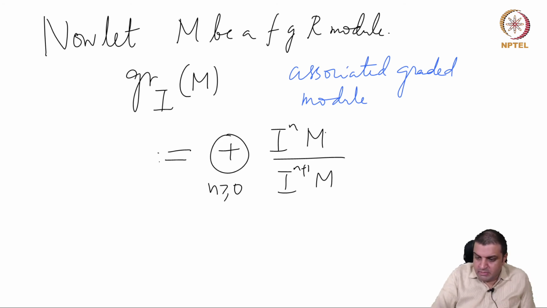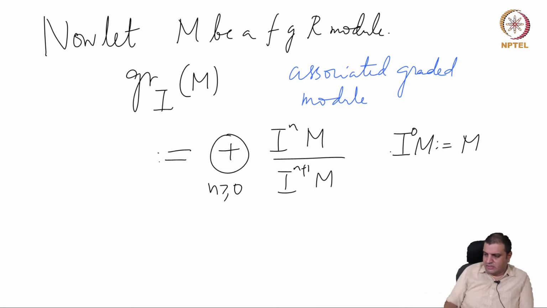M itself is not a graded module. R is some Euclidean ring and M is a module over it, from which we can get this graded thing. And here again, when we say I^0 M, it is by definition M, it is just R.